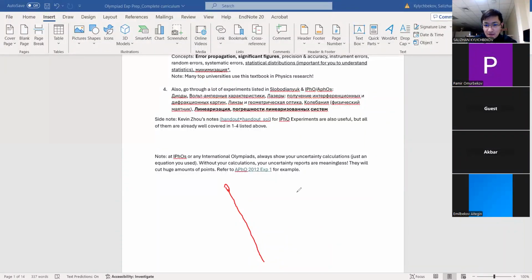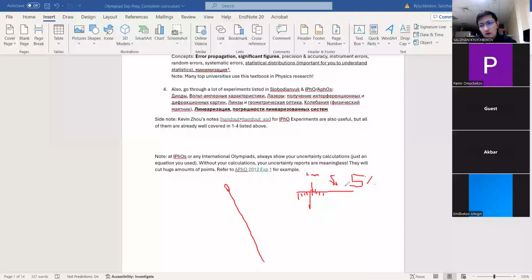Say you have a ruler, you have readings, your uncertainty may be maximum, let's say 5%. Why am I saying that? The smallest reading in the ruler is 1 millimeter.